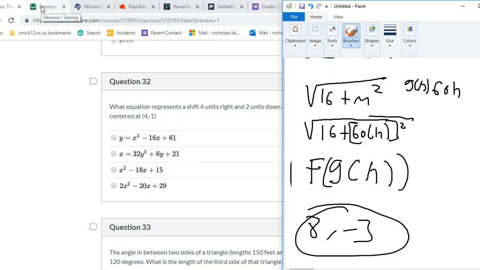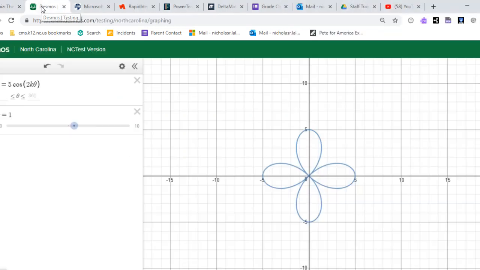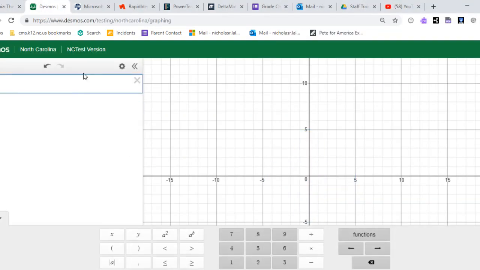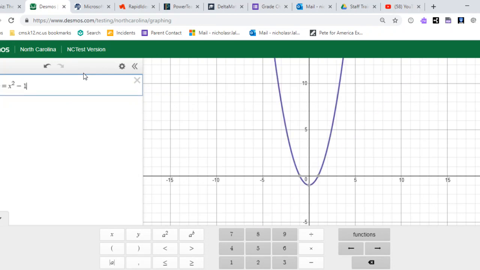Desmos time. y equals x squared minus 16x plus 61. y equals x squared minus 16x minus 61.